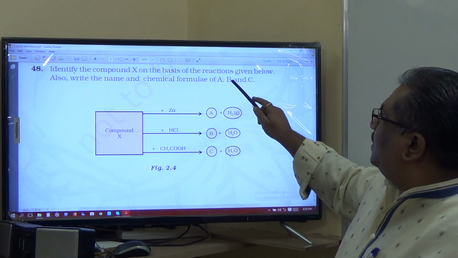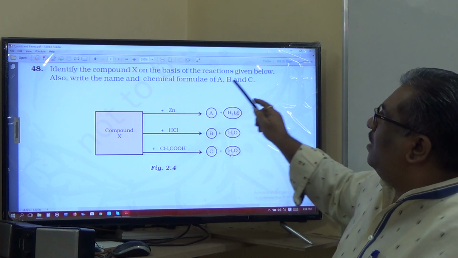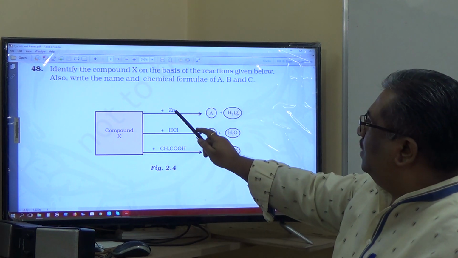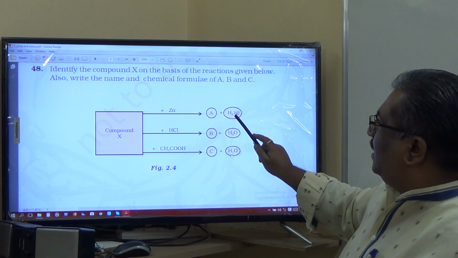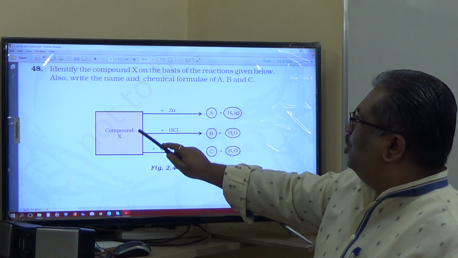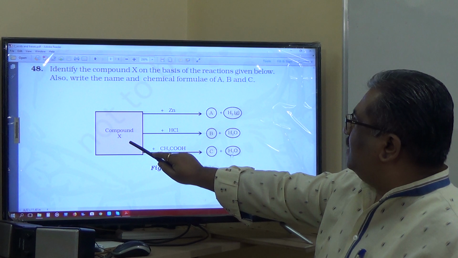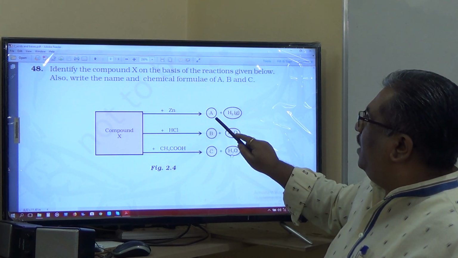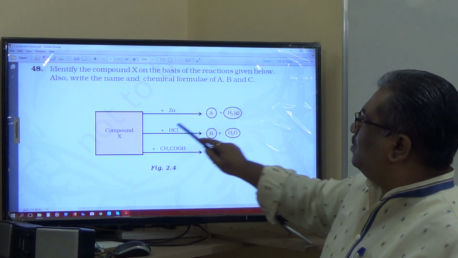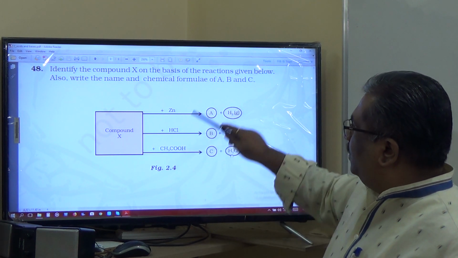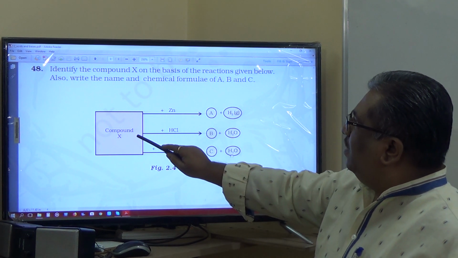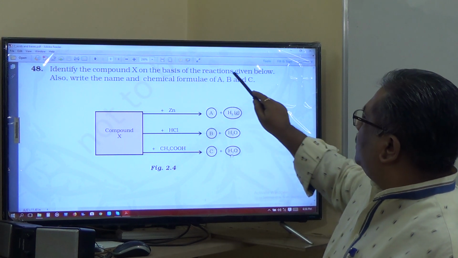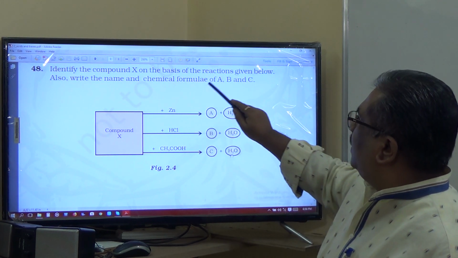Next: identify X on the basis of the reactions given below. Also write the name and chemical formula of A, B, C. Compound X plus zinc gives A plus hydrogen gas. Compound X should definitely be some acid, because acids plus zinc metal give A and H2 gas. So let us check all these things.